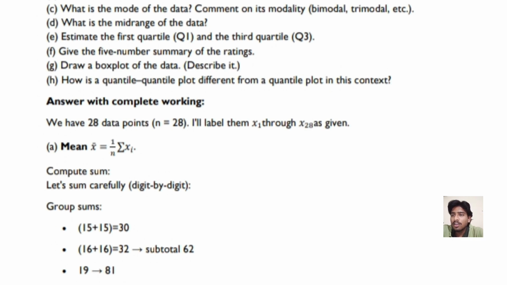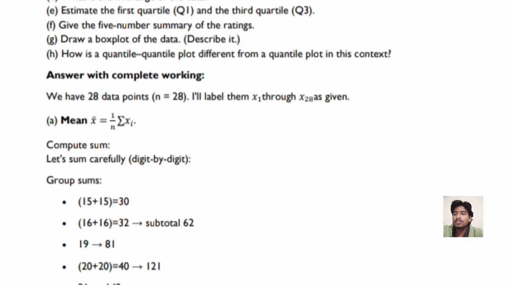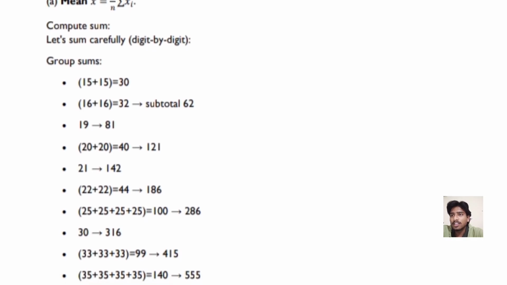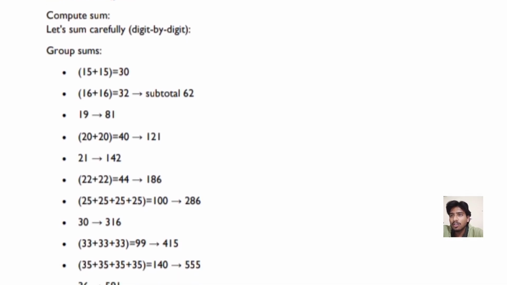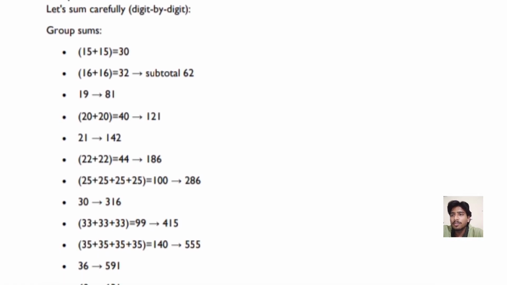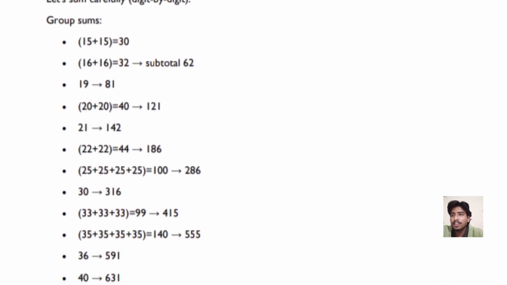Now let's see the mean formula. Mean equals 1 by n times the summation of xi. Compute the sum. Let's sum carefully, digit by digit. Group the sums: 50, 15. You see 15 is in the series and must occur two times, so we add it two times. 50 plus 50 is 30.